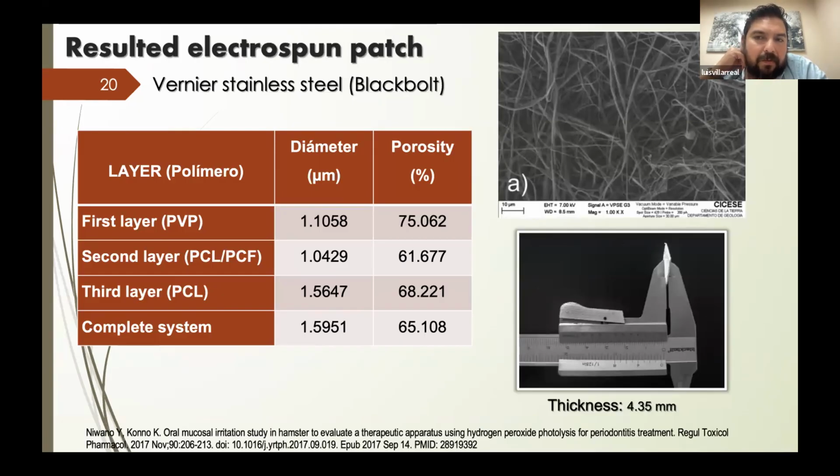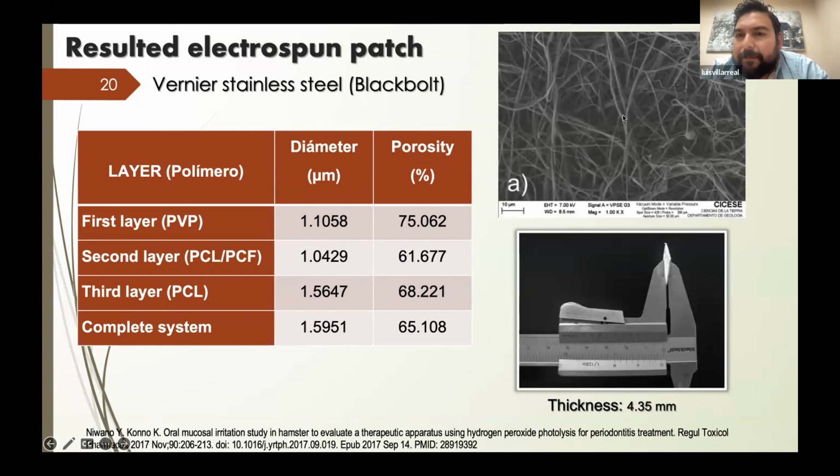So we decided to produce fibers of approximately 1 micrometer in diameter, with a final system thickness of 4 millimeters.